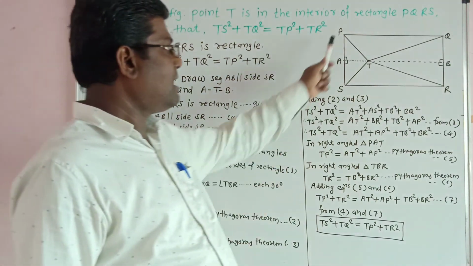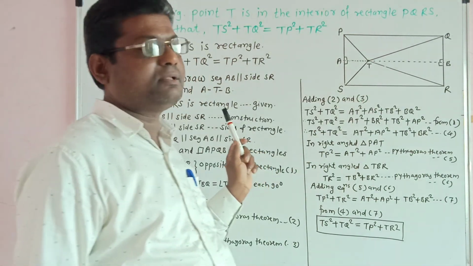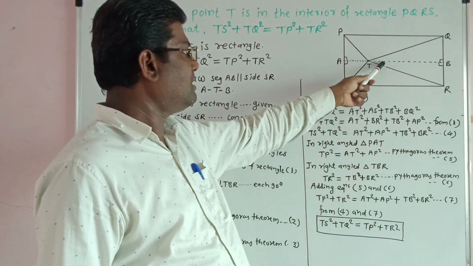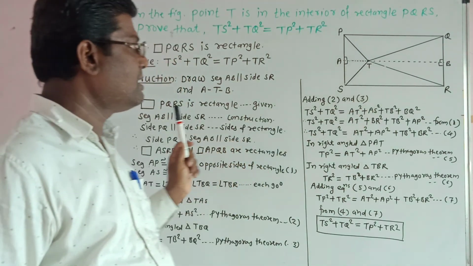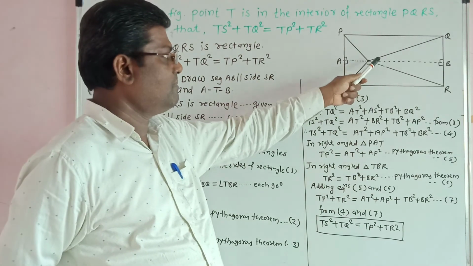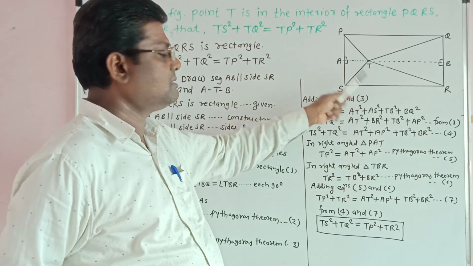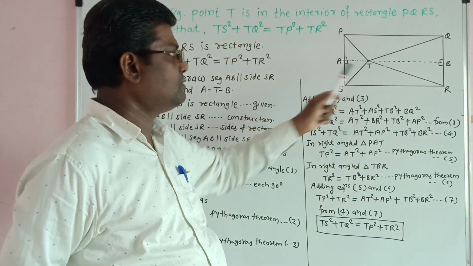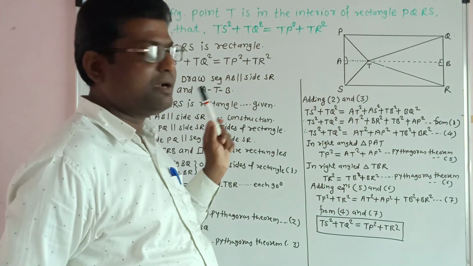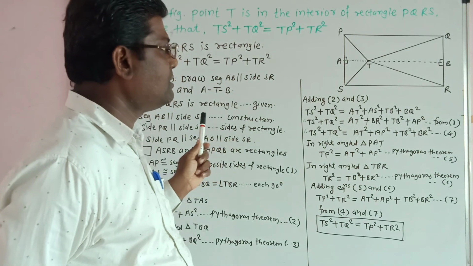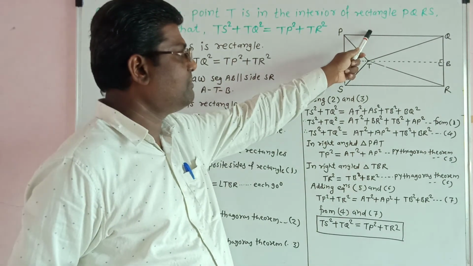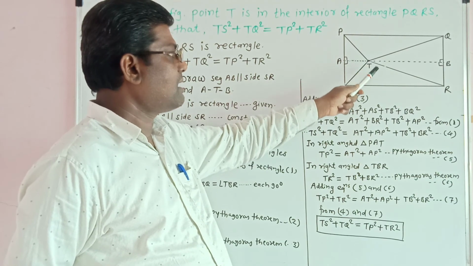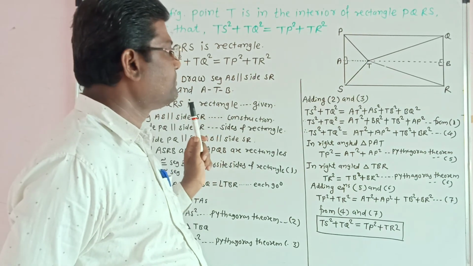Here PQRS is a rectangle and the construction is: draw segment AB parallel to side SR. This is construction. And side PQ is parallel to side SR. The sides of a rectangle are parallel to each other. Therefore, side PQ is parallel to segment AB, which is parallel to side SR.